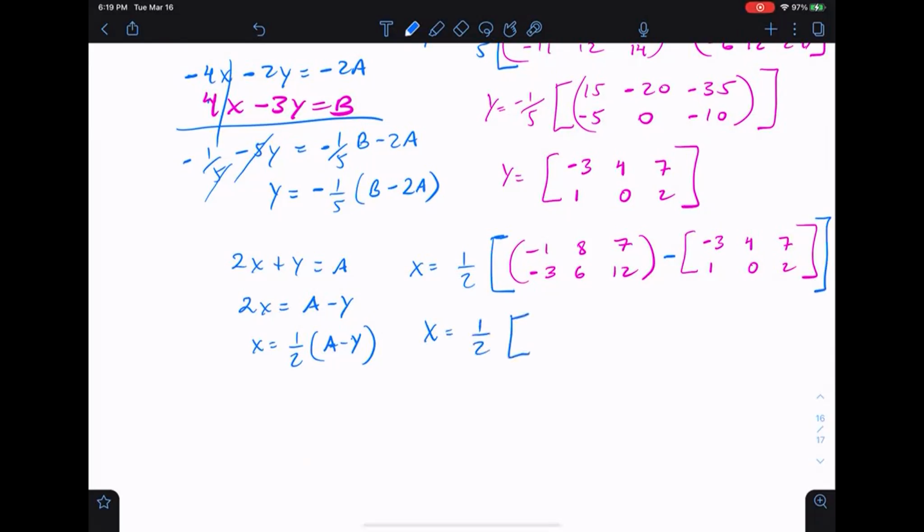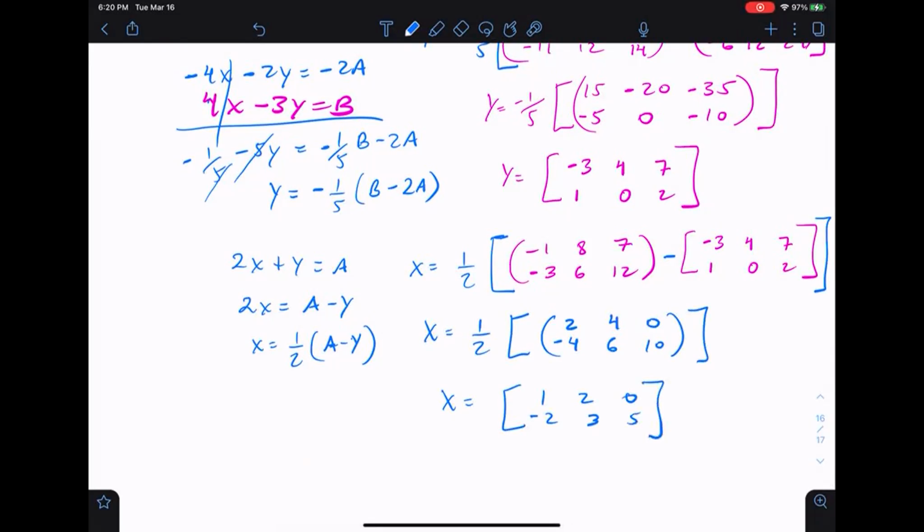So this comes out to be 2, and then we have 4, and then 0, and then -4, then 6, and then 10. If you multiply that by 1/2, you get 1, 2, 0, then -2, 3, and 5. And that should be your matrix X. This is the right answer for Y, and this is the right answer for X.